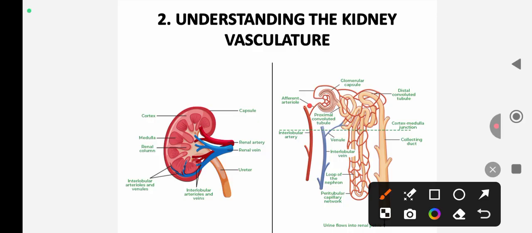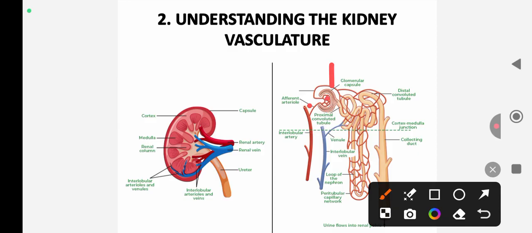The afferent arterioles are smaller than the renal artery. They enter into the Bowman's capsule, otherwise called the glomerular capsule. Once it enters, it splits into smaller sizes, as you can see here.